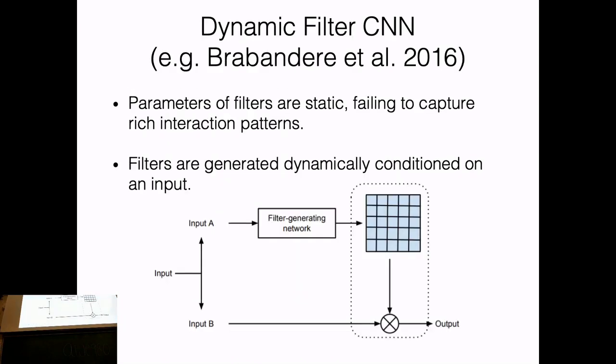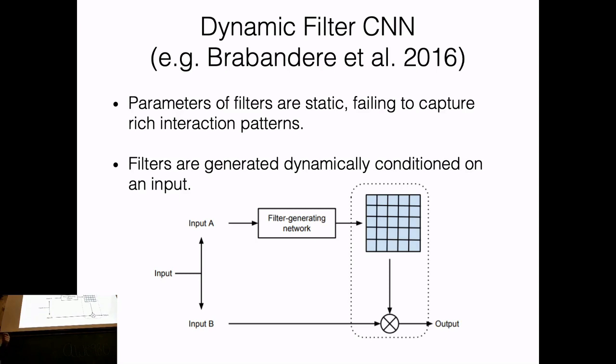And here the motivation of this work is also very simple and intuitive. Previously, the parameters of the filters in the convolutional network were static, right? I use the term static. Then it would lead to a problem: maybe it's difficult for us to capture rich interaction patterns.